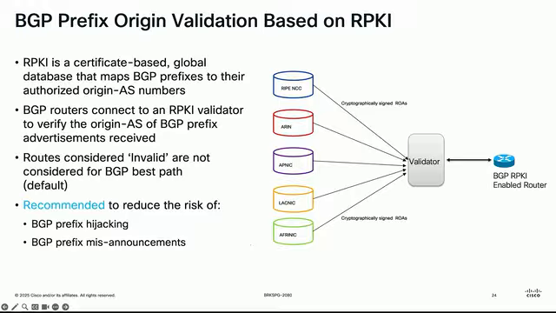So you as a prefix owner, AS owner, have to let these entities know, and they will then certify it and publish the data to the validator. Keep in mind, this feature ensures that a prefix is getting originated from a valid AS number. It's not looking at the full AS path, it's only looking at whether the prefix is getting originated from the valid AS number.